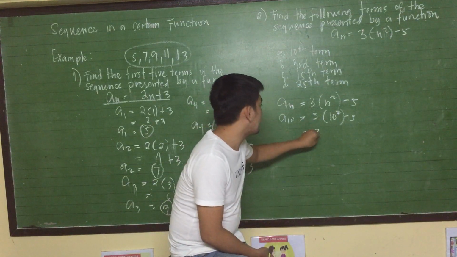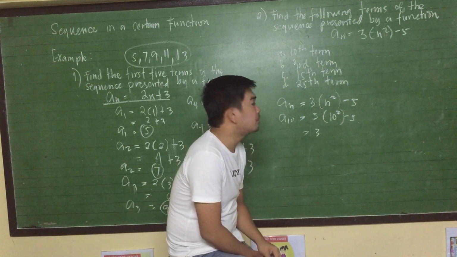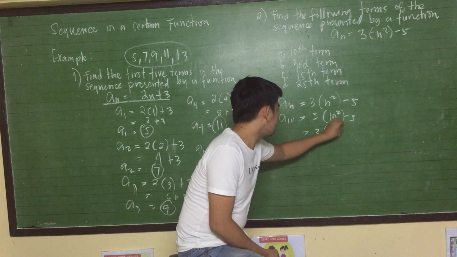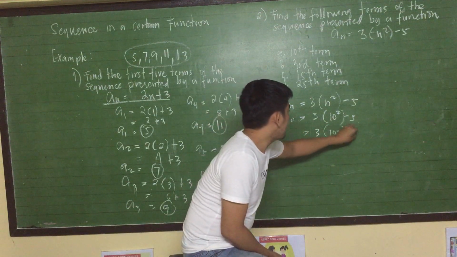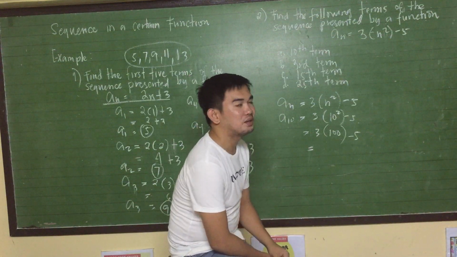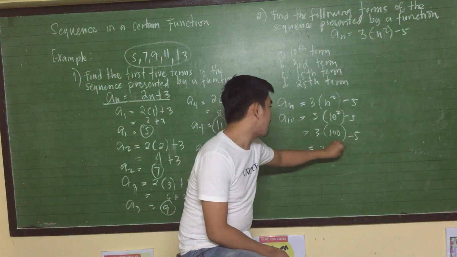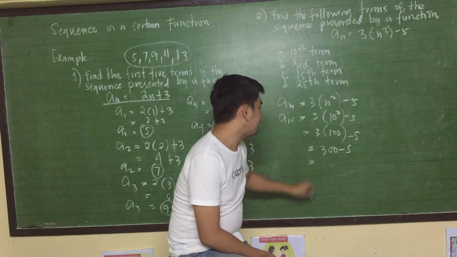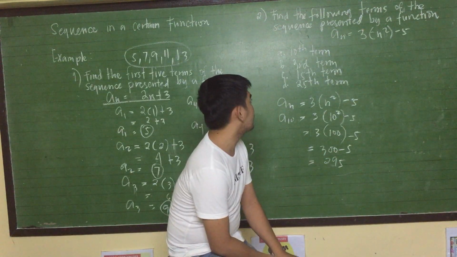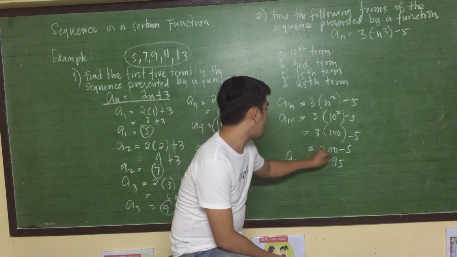First, in the parenthesis, 10 raised to 2 is equal to 100. So we have 3 times 100 minus 5. 3 times 100 is 300, minus 5 is 295. So the 10th term in this example is 295.